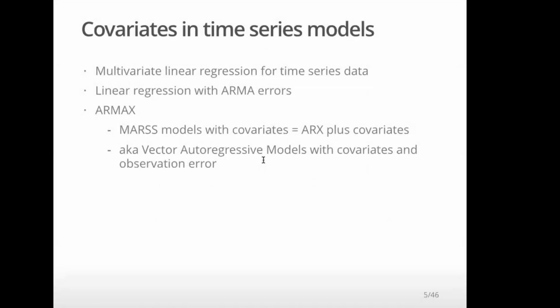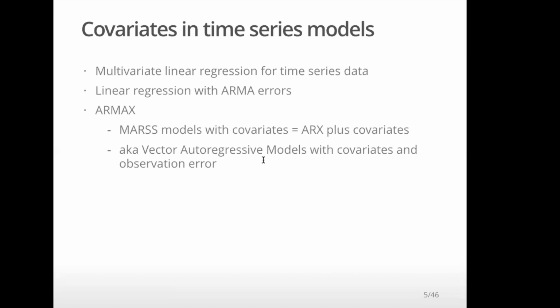So within the time series field, what are some of the general approaches that we might use to include covariates? Most of you, I'm sure, are familiar with multivariate linear regression, and you will see that done on time series data. There are problems, and on the next slide I'll point you to things to be aware of.